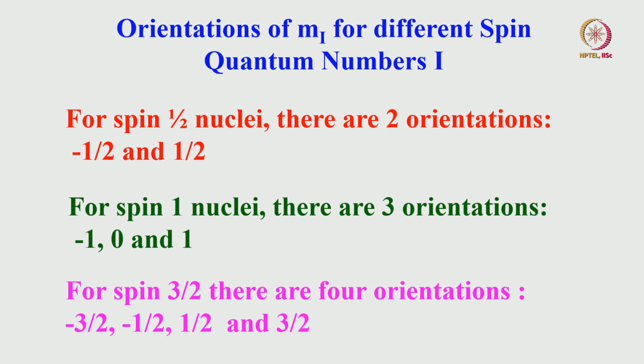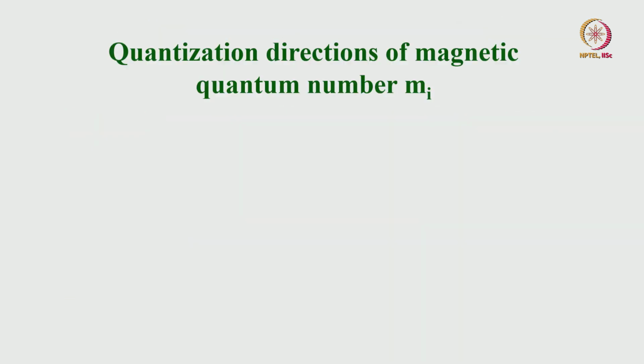Start with minus I, I is equal to 3 by 2, so minus 3 by 2, add 1 becomes minus half, add 1 becomes plus half, add 1 more becomes plus 3 by 2. So for spin 3 by 2, there are 4 possible orientations. Like this you can work out for the spin of any given nuclei what the possible orientations are.